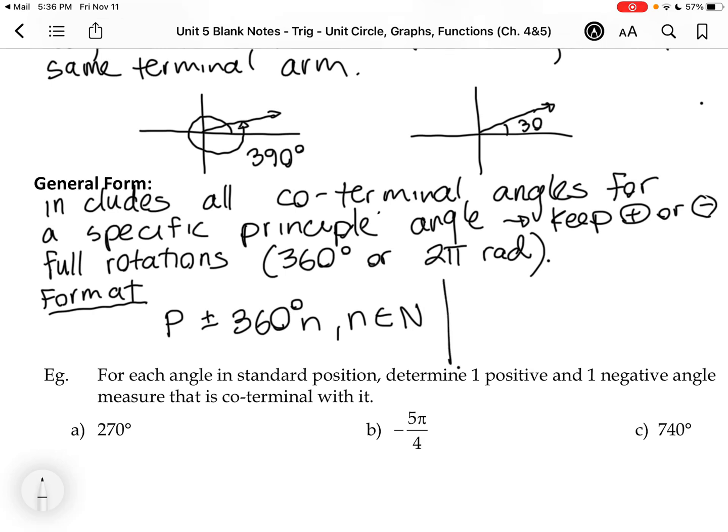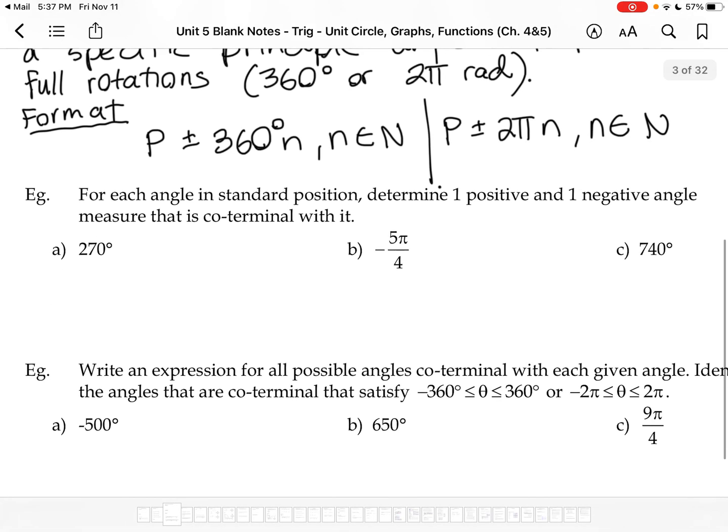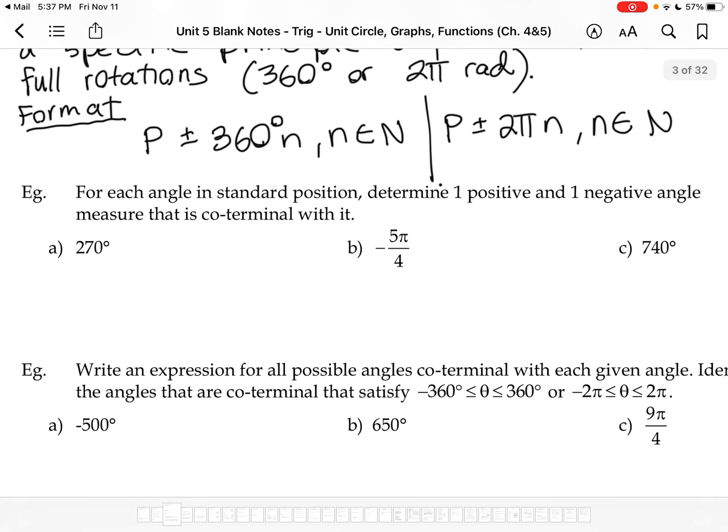We can go clockwise. Or in radians, it would be the principal angle plus or minus 2 pi n, where n is an element of the natural numbers. Okay? So as an example, for each angle in standard position, determine one positive and one negative angle that it's coterminal with. Just add or subtract multiples of 360 or 2 pi.